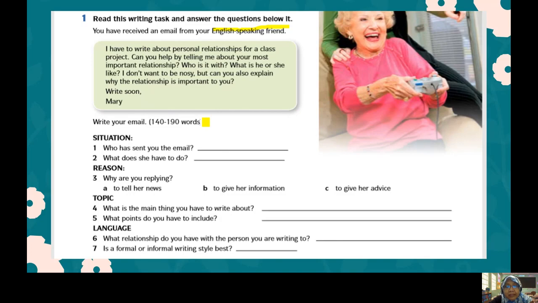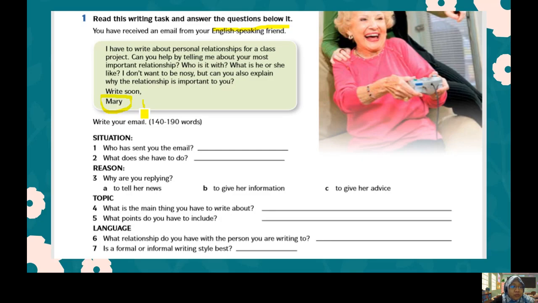Siapa yang menghantar email tersebut? Look back at the email up there. Which one is the first answer? Very good. The answer is Mary. This is number 1.